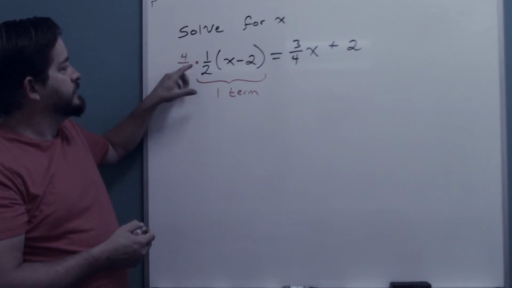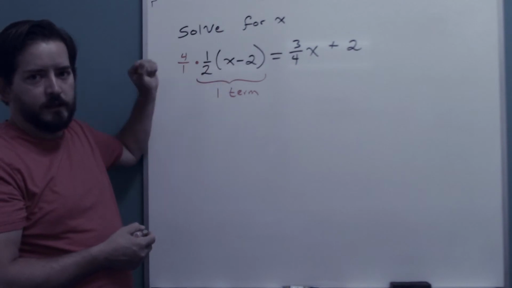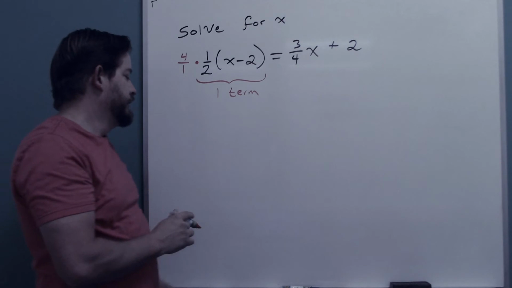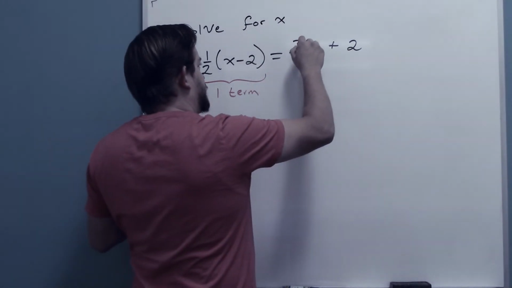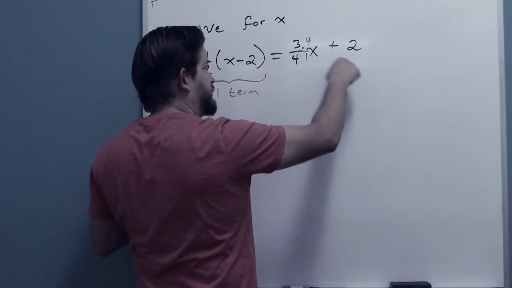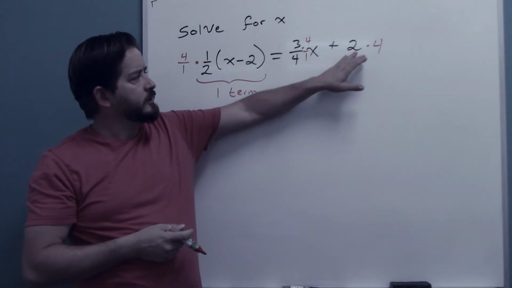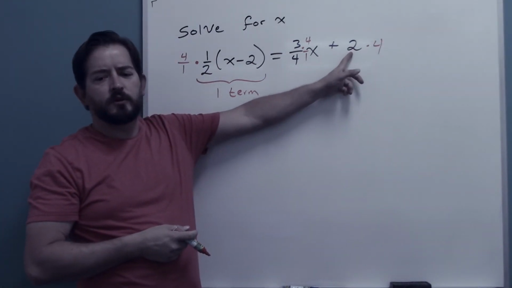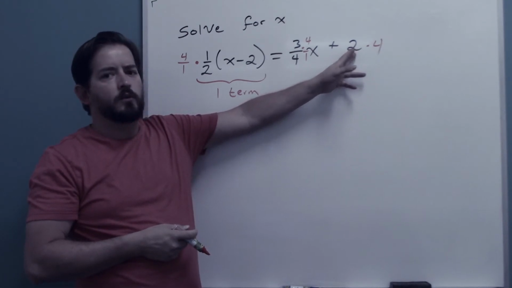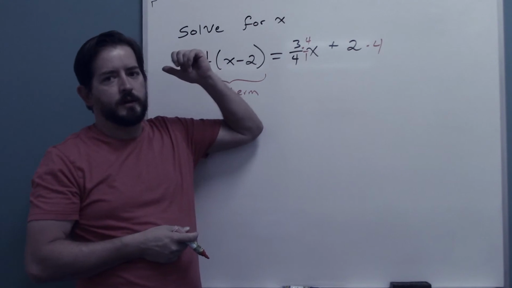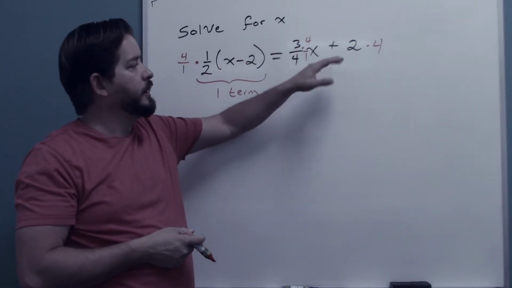If you don't like this, just distribute your 1/2 and multiply everything by 4, right? So multiply this by 4. These are two different terms, so I'm going to multiply this also by 4. The biggest mistake I see on questions like this is they love to throw in just a whole number and watch you not multiply it by the lowest common multiple, or the lowest common denominator.